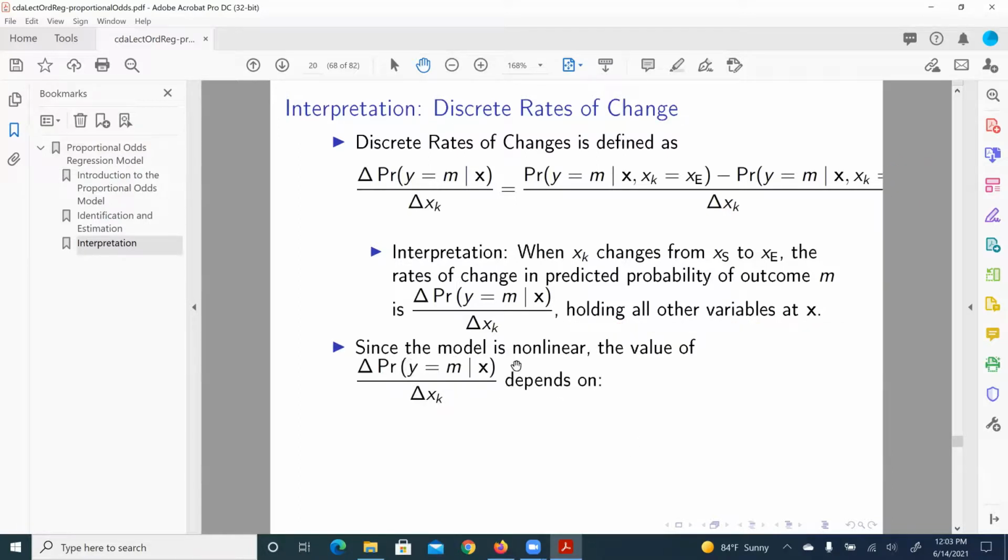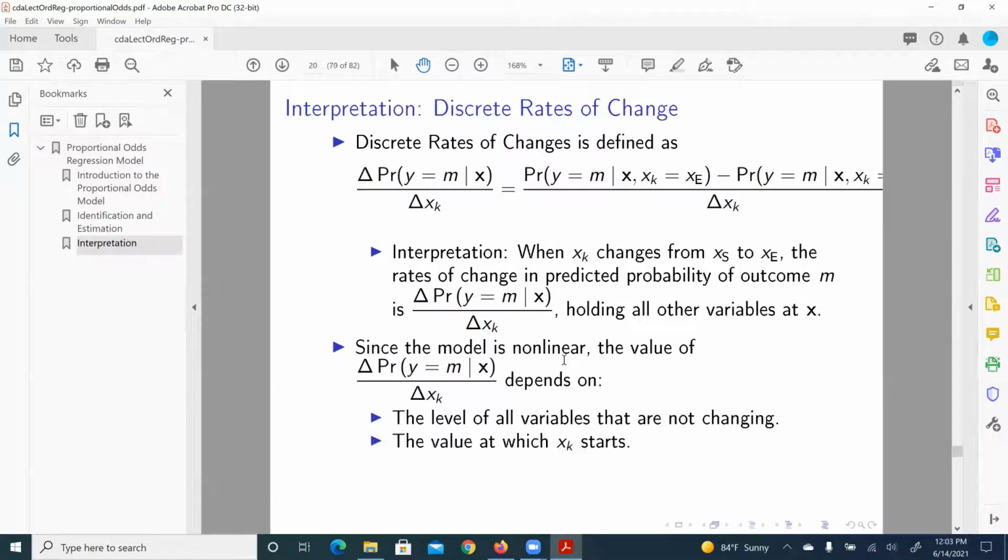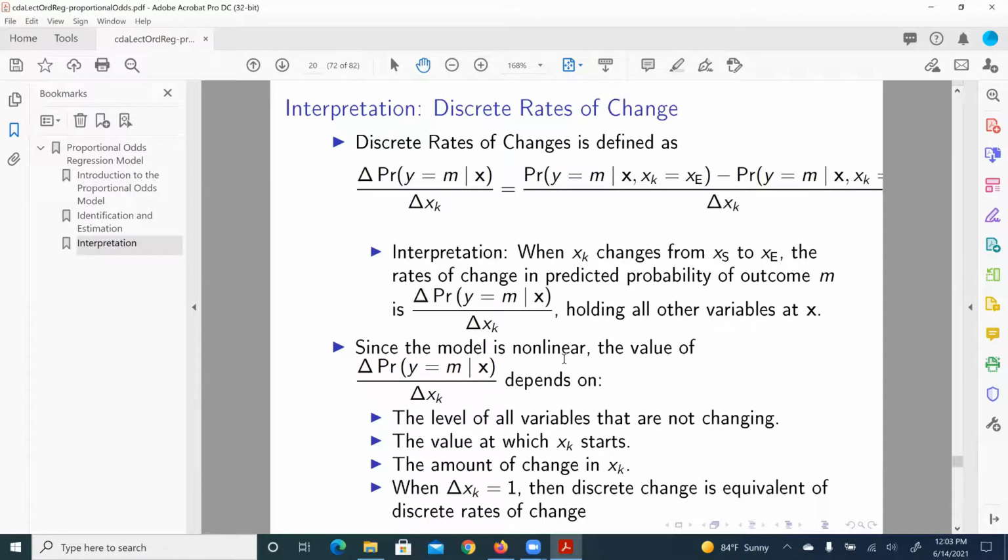Since the model is nonlinear, the value of delta p over delta k depends on the level of all variables that are not changing, the value at which xk starts, and the amount of change in xk. And note that when delta k is equal to 1, discrete change is equivalent to discrete rates of change, because delta p over 1 is equivalent to delta p without dividing anything.